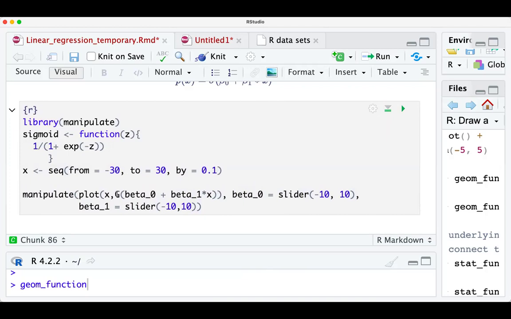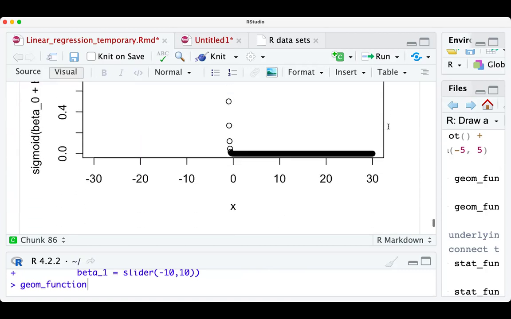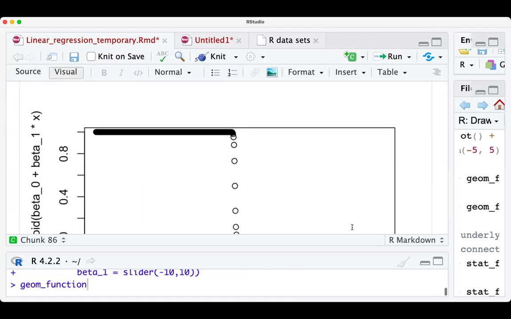And then I plot this sigmoid using beta 0 and beta 1 as parameters, which are in this variable. Okay, maybe let's do it.